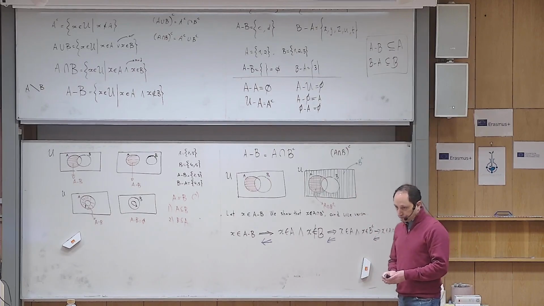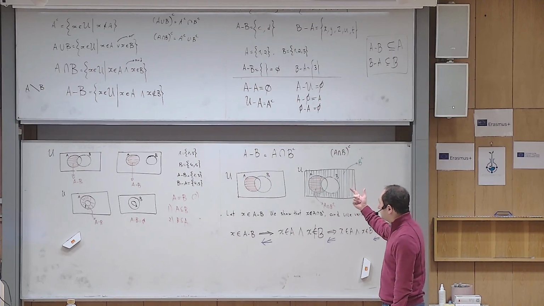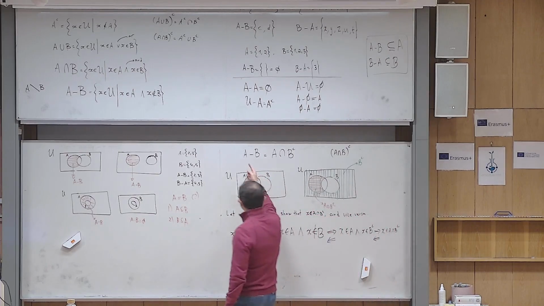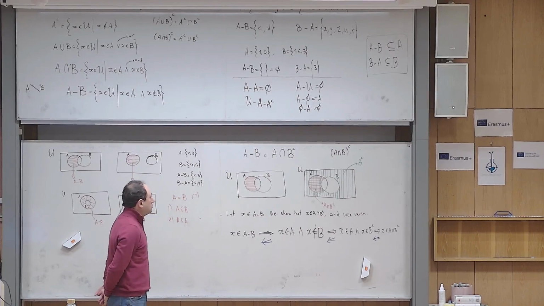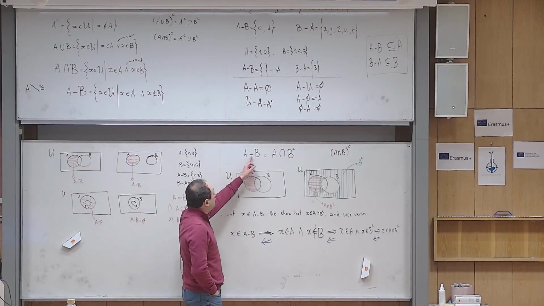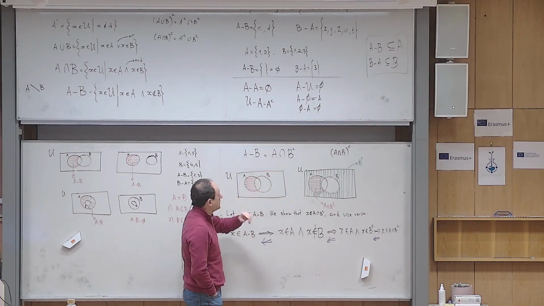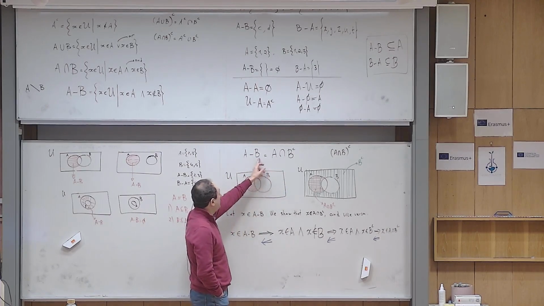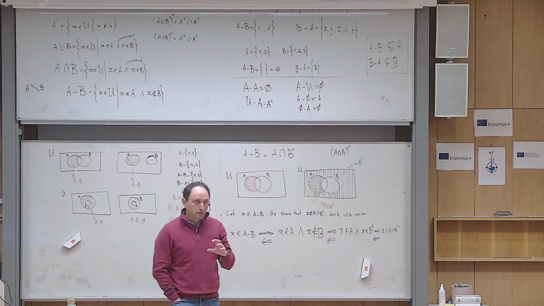Okay? But what is the message behind the formula? This formula tells you that if you have the difference of two sets, you can transform subtraction into intersection, but there is a price to pay. The price is to make the second one complement. Be careful about that, yes?